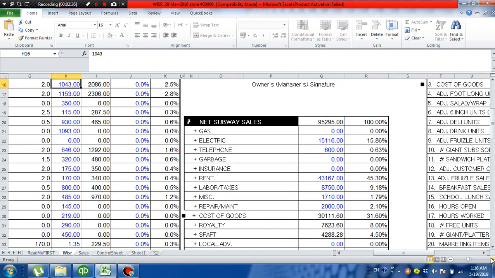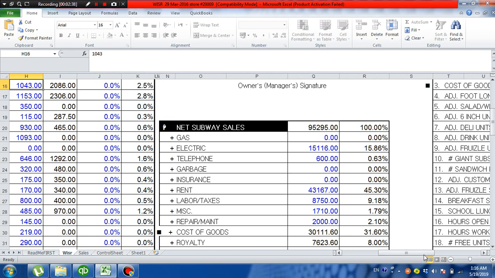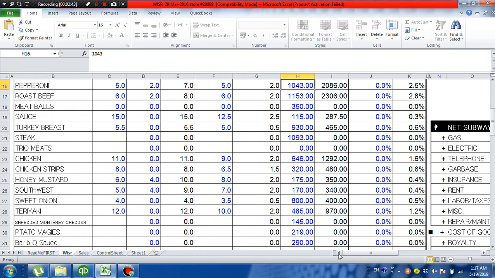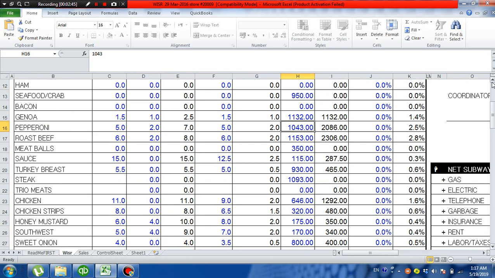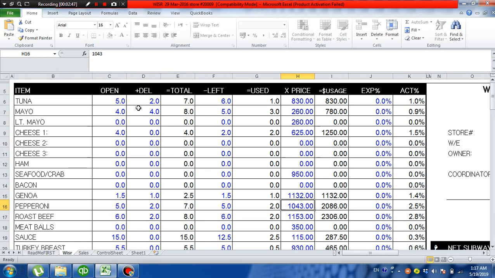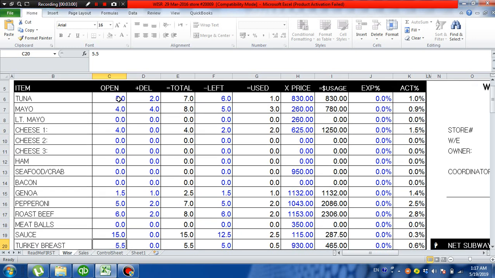Look at this. Here these are the items which are used in Subway sandwiches: tuna, mayo, light mayo, cheese 1, cheese 2, cheese 3, hamburger, and so forth and so on.